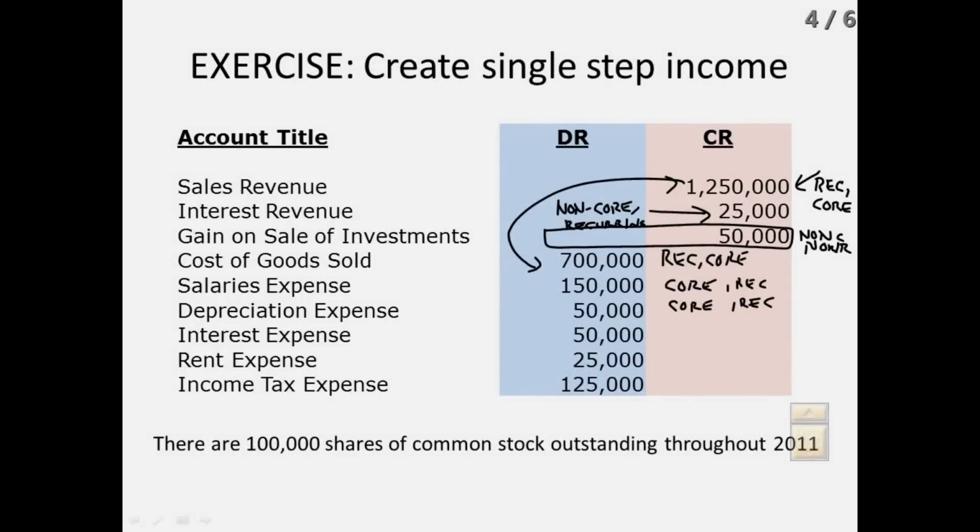Okay, so while it's probably recurring, it's non-core. So I might not consider this in the same way, in terms of it's not something that I can affect very much. I can't do more marketing and change my interest expense, but I could potentially do more marketing and affect my sales. So this isn't really affected by changes in the scale or size of my operating activities.